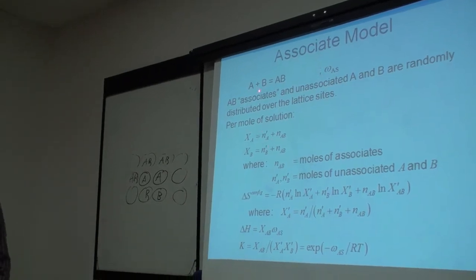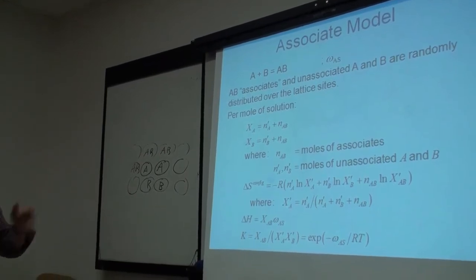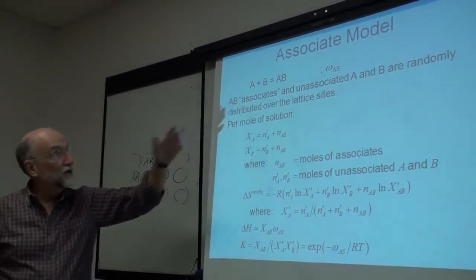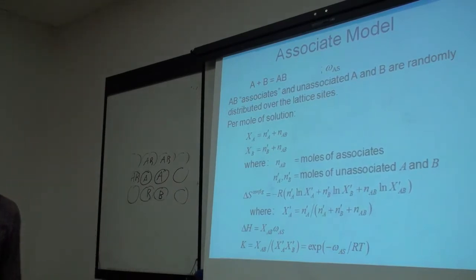The notation here in the AB, we're just looking now at the overall system. XA and XB are the overall mole fractions. That has nothing to do with the associates. It's just the system AB, that's your mole fraction of A, that's your mole fraction of B. We'd have per mole of solution, XA moles of A total and XB moles of B total.